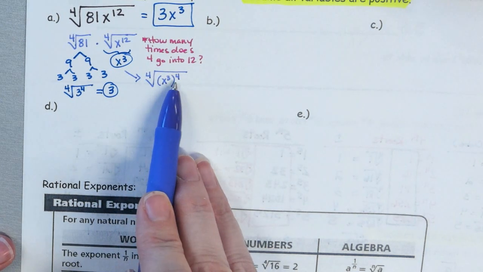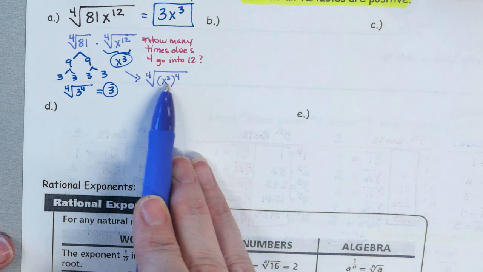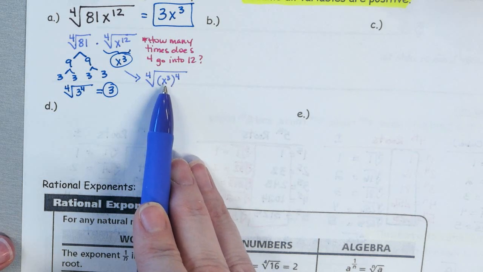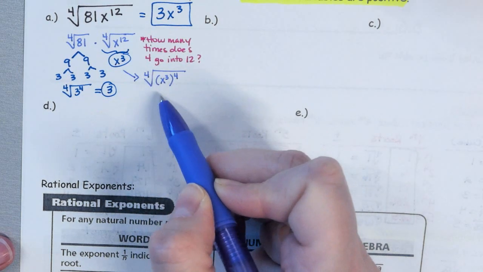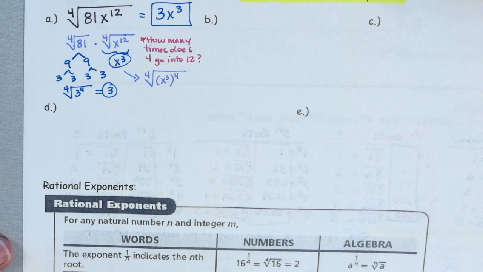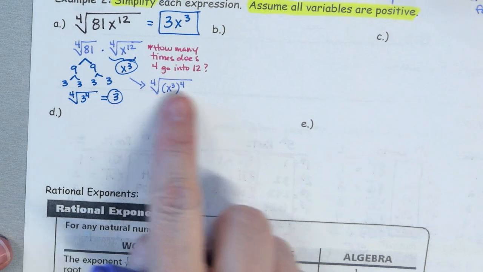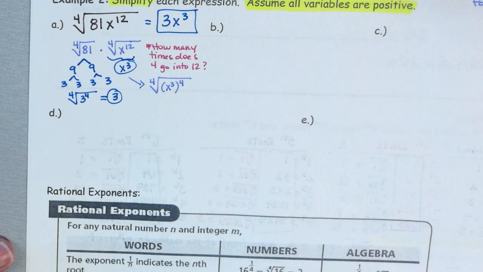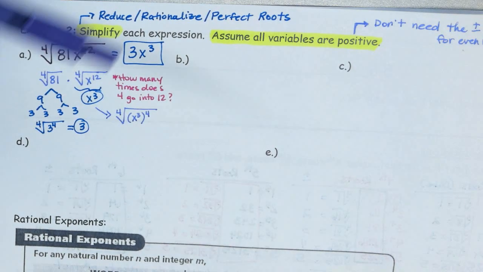Remember, when you have a power to a power, what do you do with the exponent? You multiply. So I wrote it like this so you could see, oh yeah, the 4's are going to cancel. I'll be left with x cubed. Okay? You don't have to write it like that in your homework. You can just say 4 goes into 12 3 times, so it'll be x cubed. All right, do we got that one, you think?